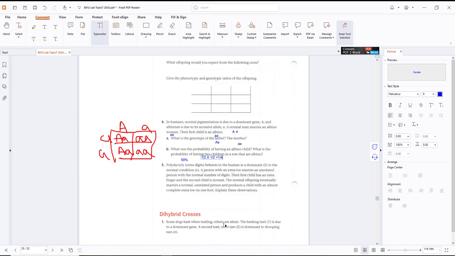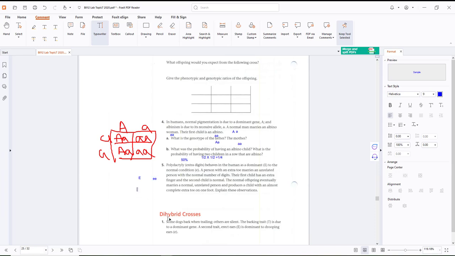Polydactyly, or extra digits, behaves in a human as a dominant allele to a normal condition, little e. A person with an extra toe, so I already know, big E, marries an unrelated person with normal digits. Okay, so that person's little e. The first child has an extra toe and the second child is normal.